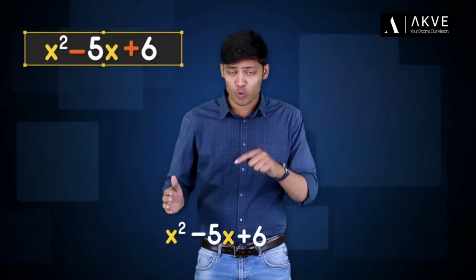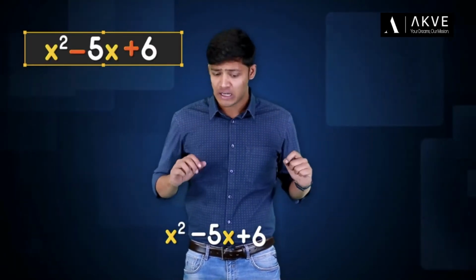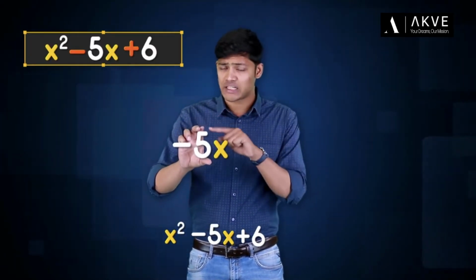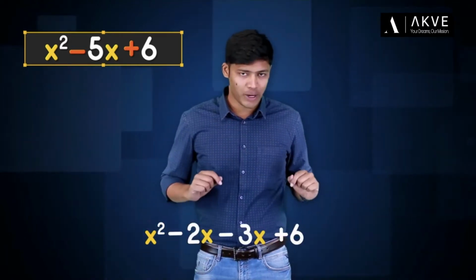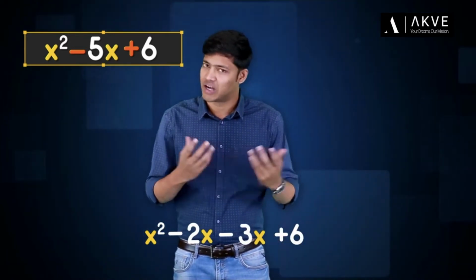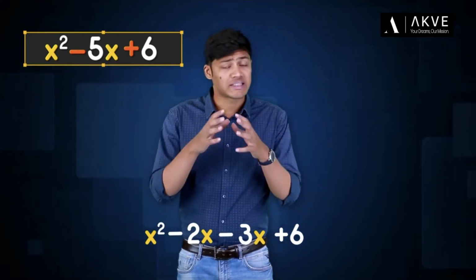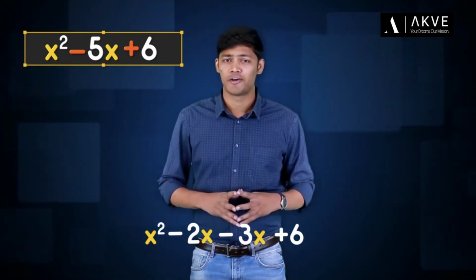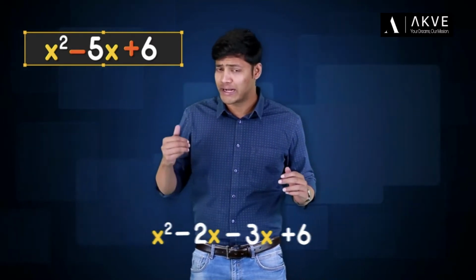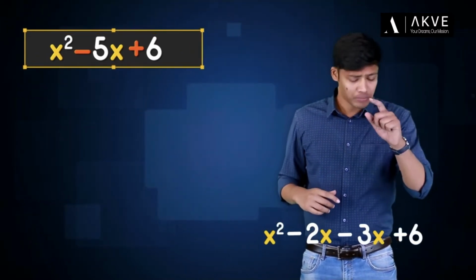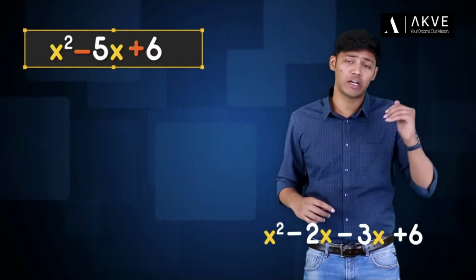So, to factorize the quadratic polynomial x squared minus 5x plus 6, we split the middle term minus 5x as minus 2x minus 3x. Now, the polynomial is x squared minus 2x minus 3x plus 6. From the first two terms, we can take x common, and from the next two terms, we can take minus 3 common.